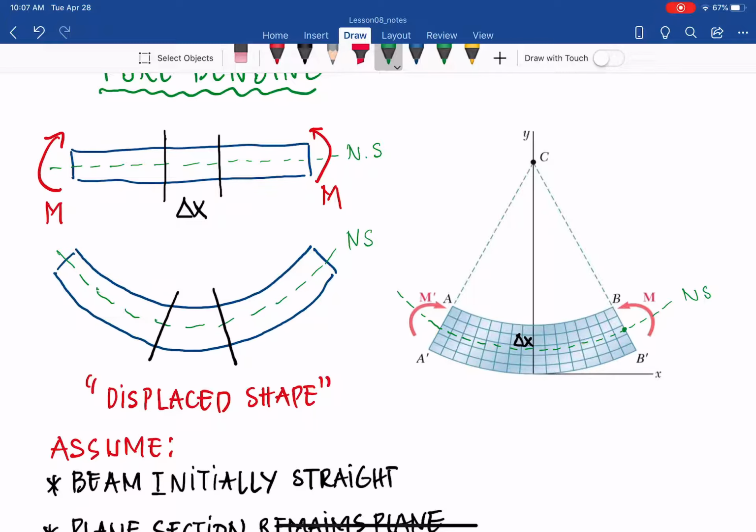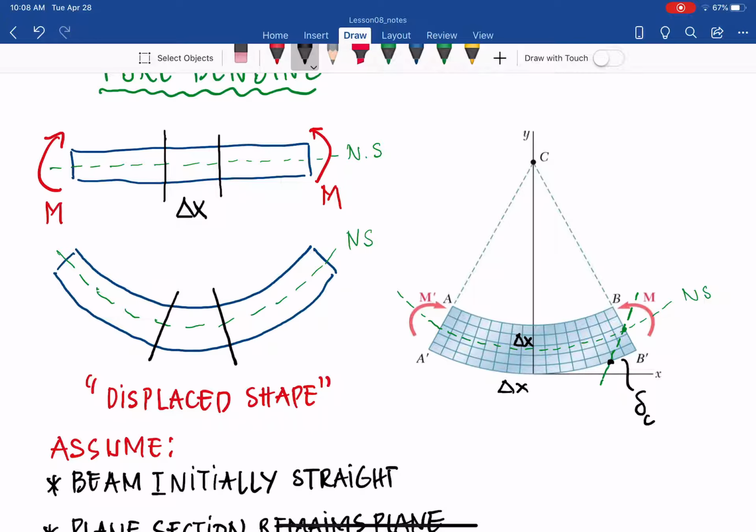With that parallel line, we have this distance between B and the intersection of that point. We call that delta C, the deformation at the outermost fiber. And of course, with that parallel, we will see A' to that point here will be the same delta x.